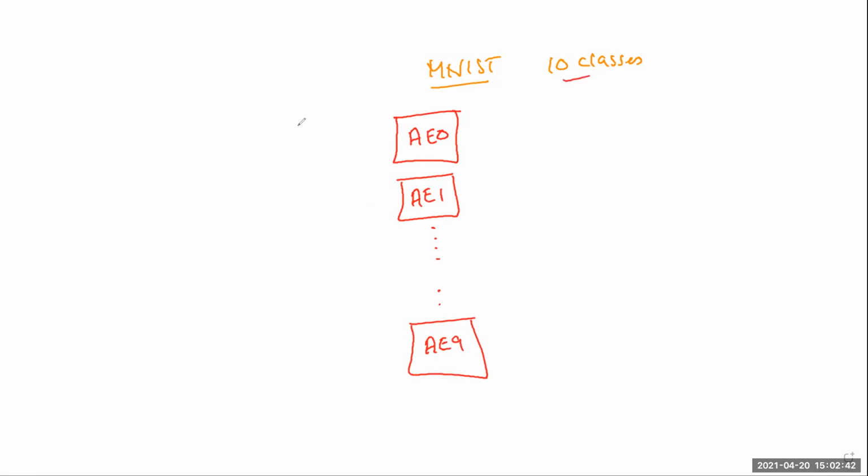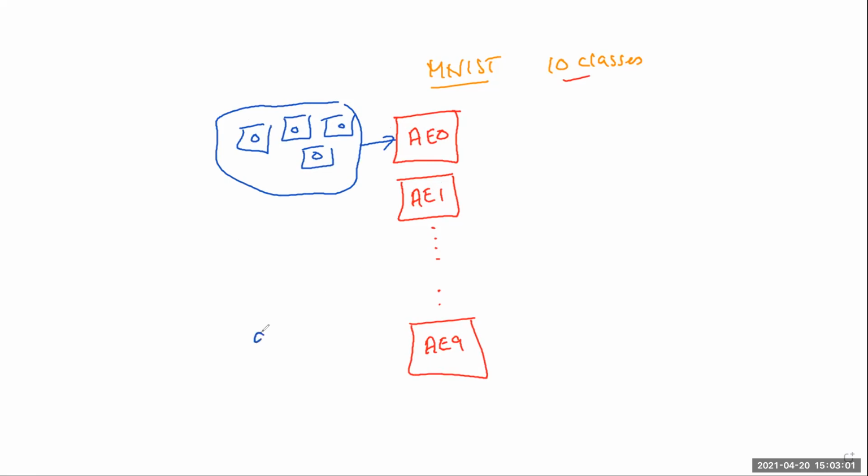The first autoencoder, which I'm calling autoencoder 0, you train it only with the images of 0. Means all the images of 0 you had are used to train this first autoencoder. Similarly, the second autoencoder is trained with images of 1, and similarly your last autoencoder is trained only with images of 9, right?